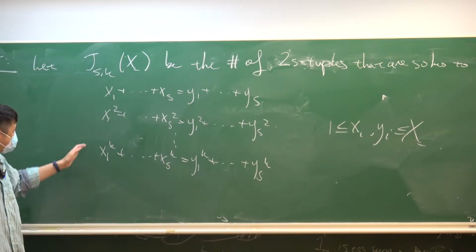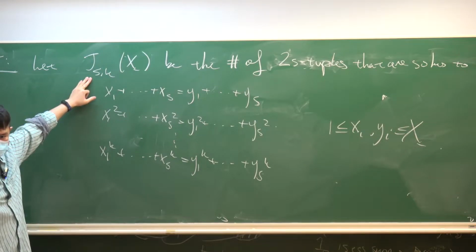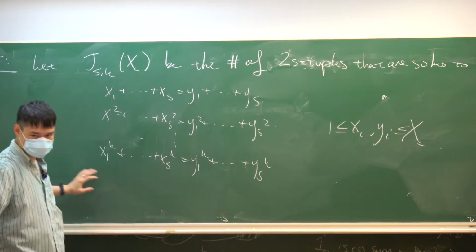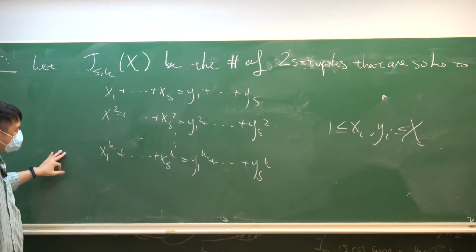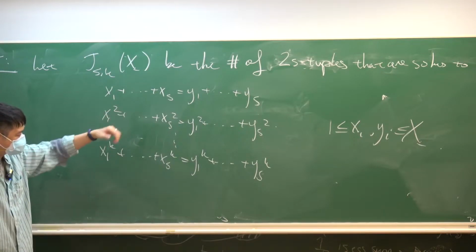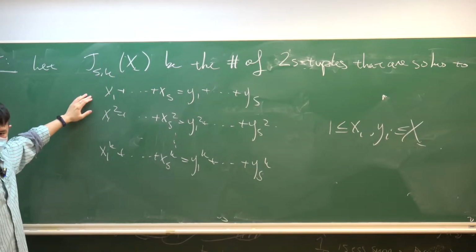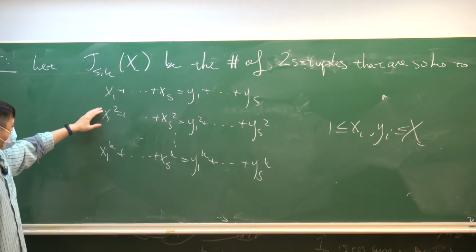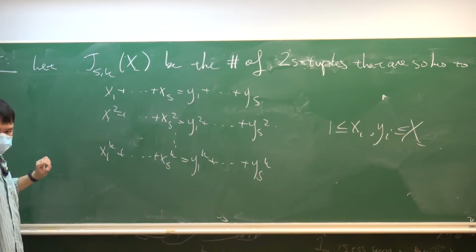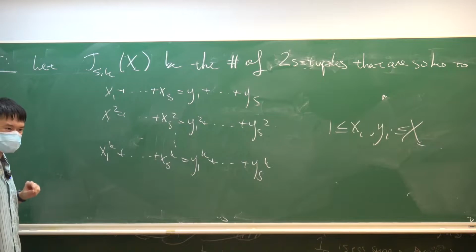Of course, if you have s be k, let's say we have k variables on both sides, then I'm just going to pick y_1 to y_s randomly. Then if one did some Olympiads, if I know what a plus b plus c is, and a squared plus b squared plus c squared is, and a cubed plus b cubed plus c cubed is, you know exactly what a, b, c are.